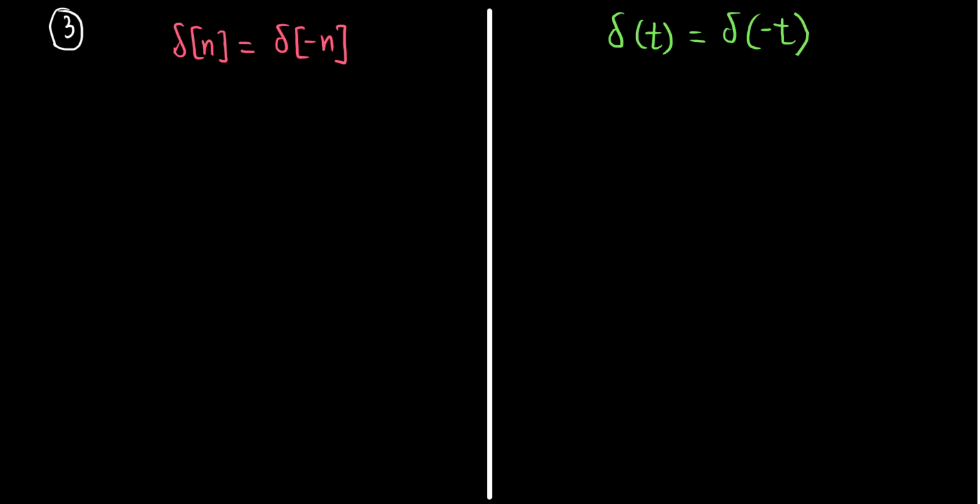The scaling property is defined as, say, if we have del of at, this is going to be 1 upon mod a times del of t. Now I leave this as an exercise to prove this property.